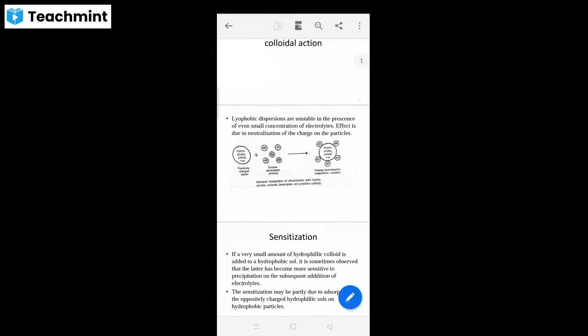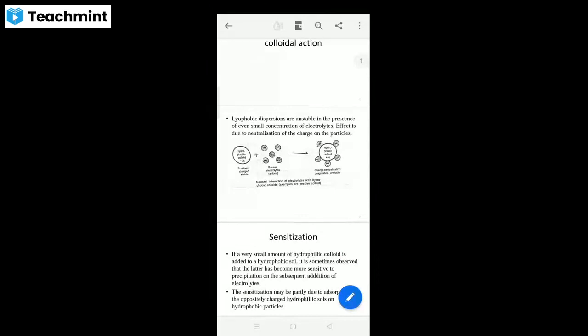This may be a problem as we have discussed, and resultantly we can get the coagulation of the lyophobic particle, and that we don't want.